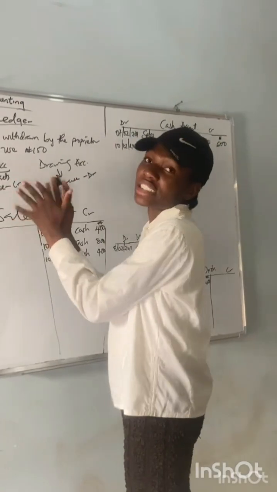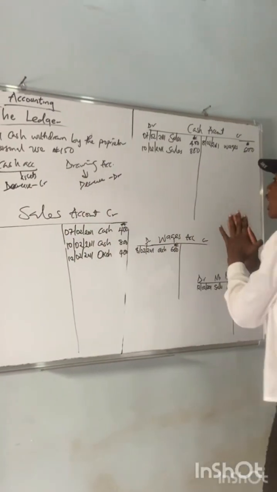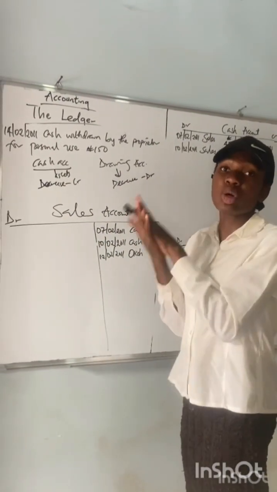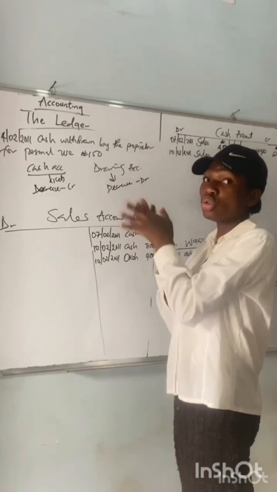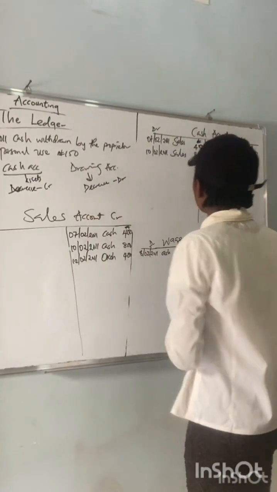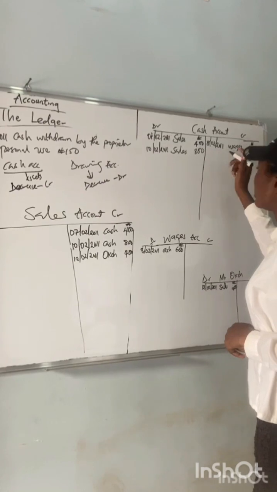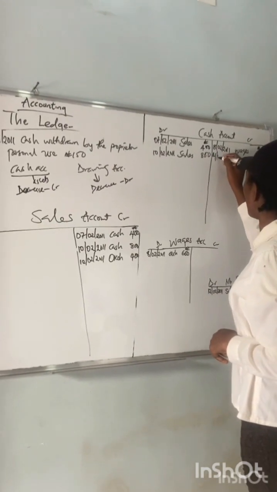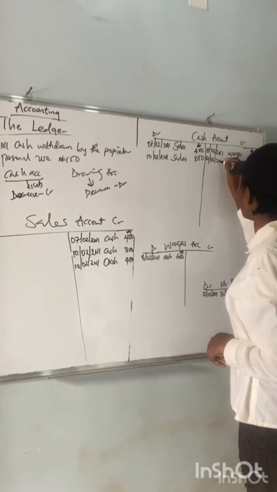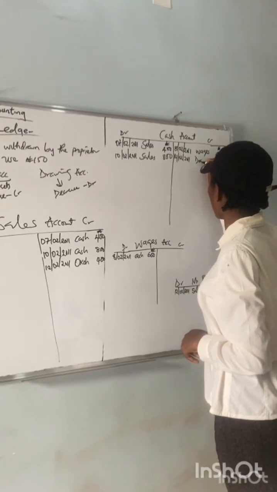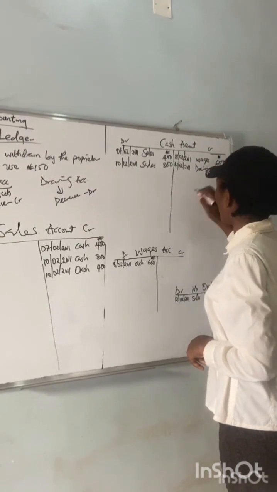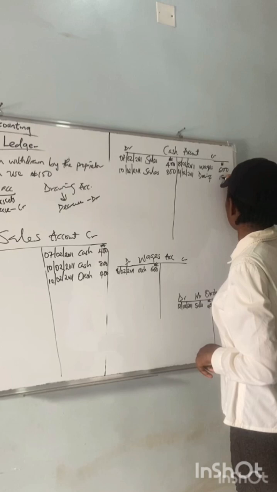We already have a cash account, so we're entering in our cash account, and because we do not have a drawings account, we'll be opening a drawings account. Now for our cash, we'll be crediting on the 14th of February 2011, drawings of 150 naira.